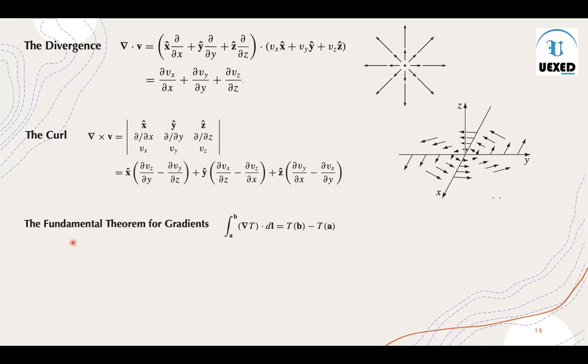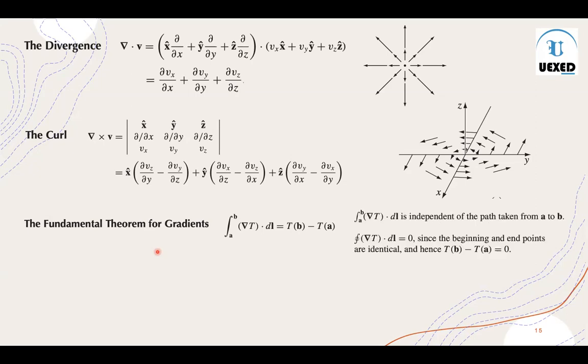All right. And then the fundamental theorem of gradients, which is just like an integral, which you know. So just for completeness, I'm just giving you this formula. This gradient formula is just like an integral from A to B, and it shows how the fundamental theorem works for integration.